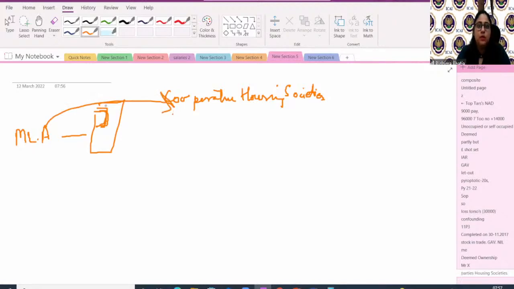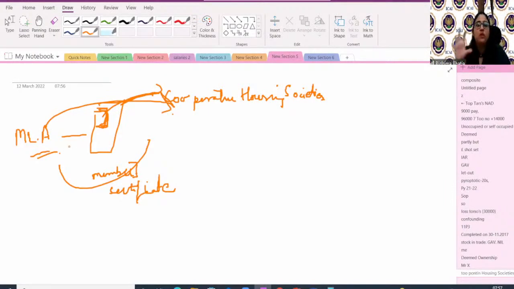For any house property or apartment which is owned by a cooperative housing society, the property would be in the name of the housing cooperative society only. Mr. A is considered just as a member, and he's allotted a certificate of that membership. That's it. This is what is happening on the documents.